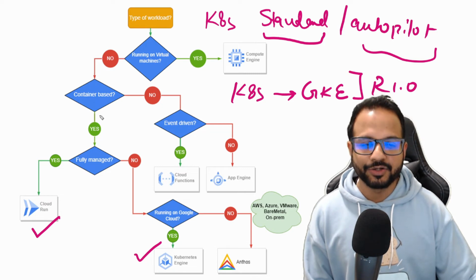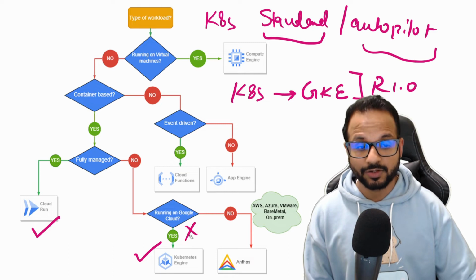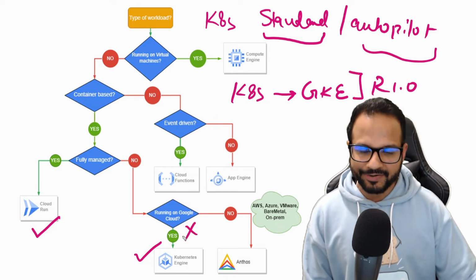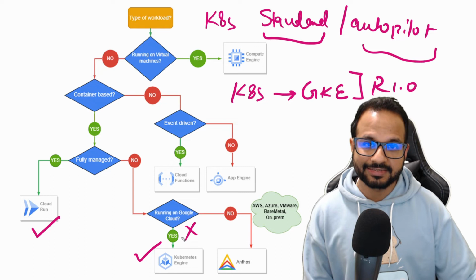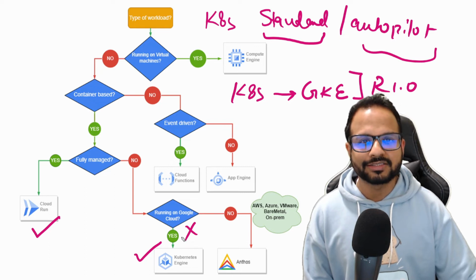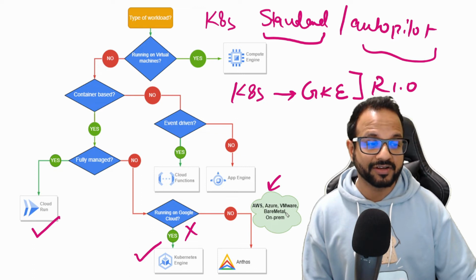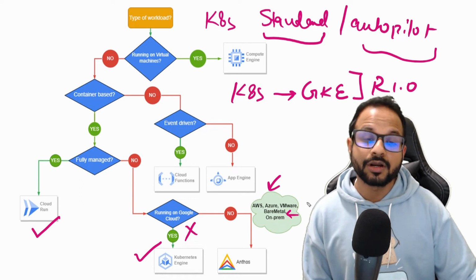Now let's say your workload is not running on Google Cloud. It is container based and it is running on K8s, but not on Google Cloud. It is running on, let's say, either AWS or Azure, VMware, bare metal, or even on premises. And there are multiple clusters running in each of those, and you would have to manage everything from Google Cloud itself.